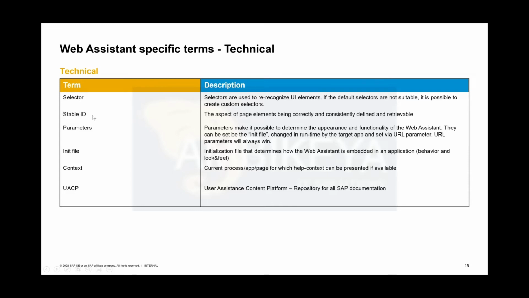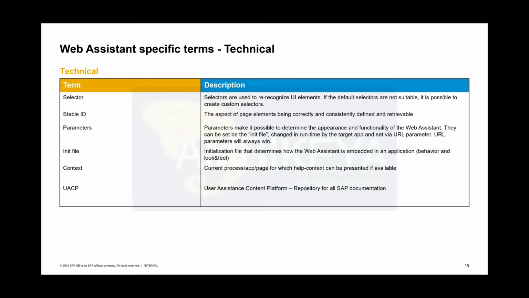Stable IDs is the next overloaded term. Yeah, you need stable IDs, and no one really knows what that means. Stable ID means there is an ID of the target application's UI elements, which is persistent and reliably the same and unique within the page, right? So you start the browser on day one and your button is called btn_1.